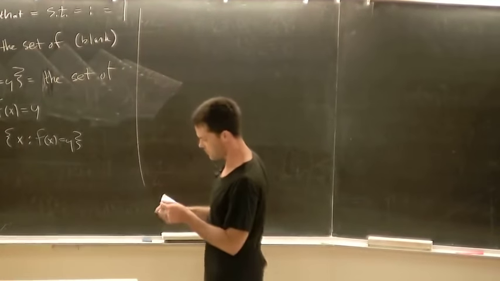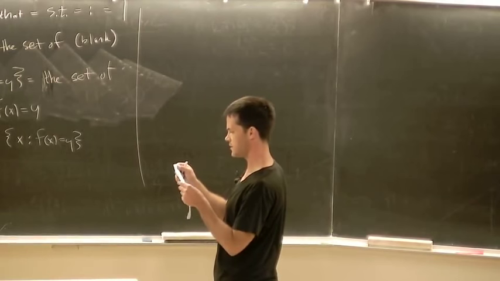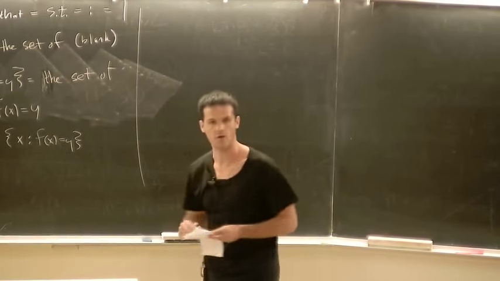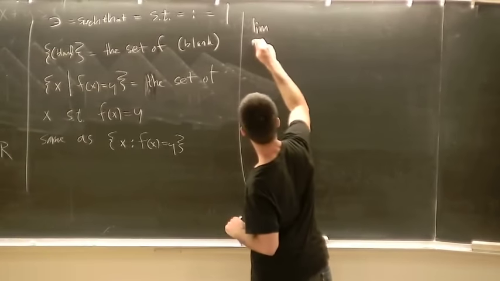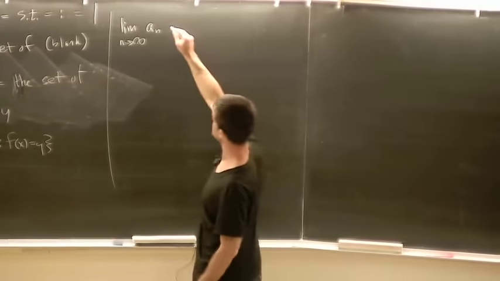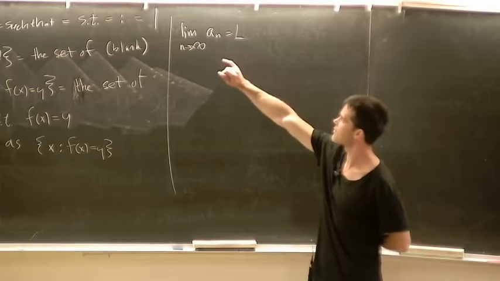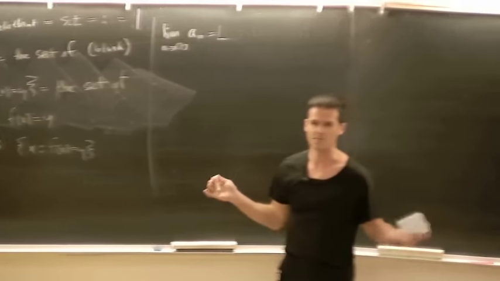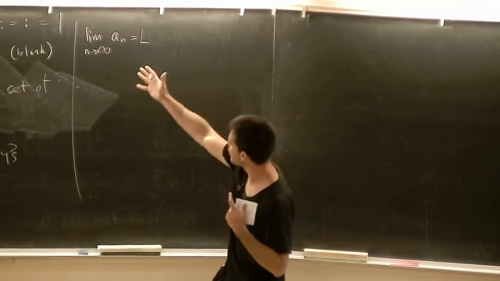Let's see, a few others that I should tell you so I don't forget any. Oh, yeah, we're doing limits now. You were already introduced to what it means if I say this. Sometimes, though, mathematicians are lazy. We're taking a lot of limits. We don't want to have to write all of this.